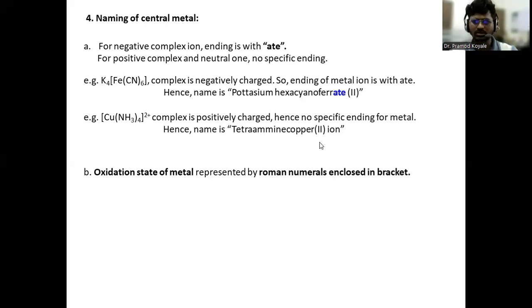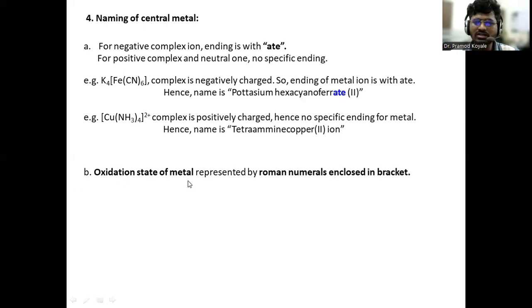Another rule, or important aspect: if there is a counter ion, whether positive or negative, don't write ion at the last. And if the complex is without a counter ion, always write ion at the last. A simple one.